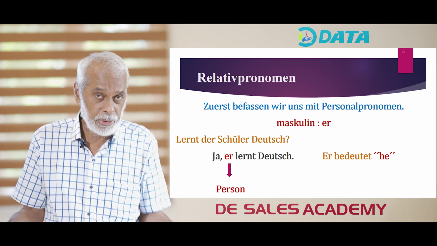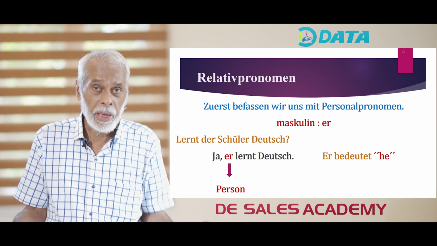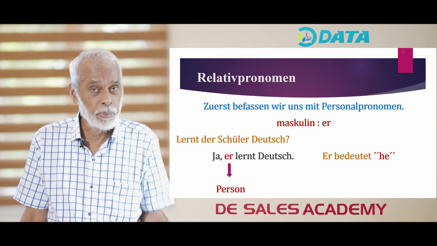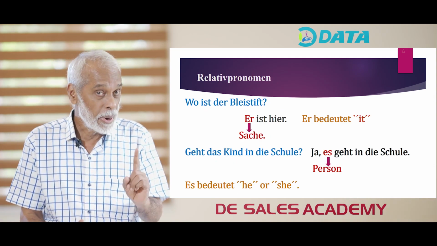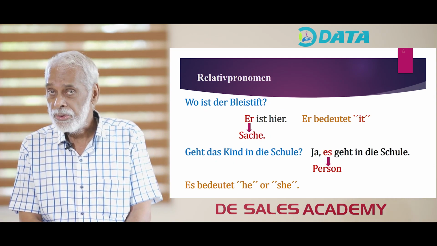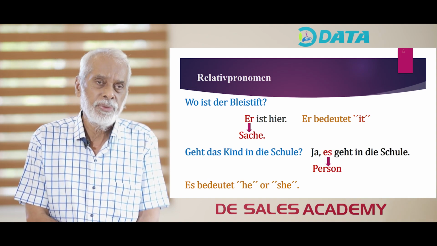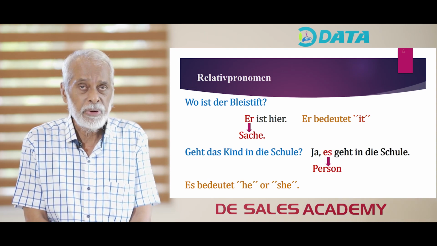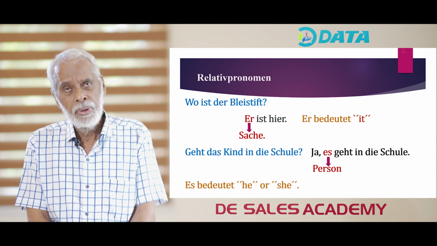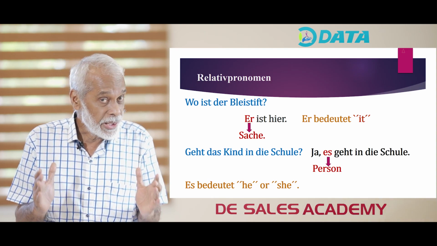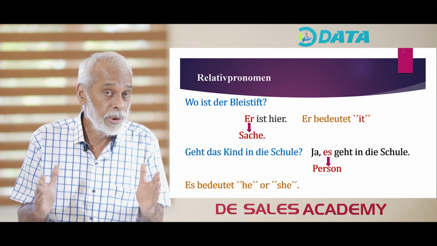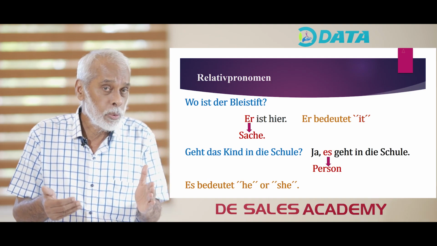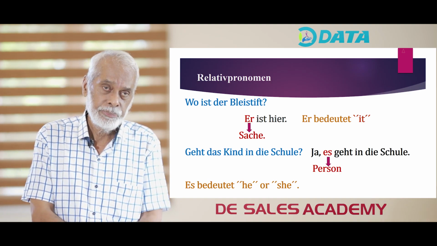Lernt der Schüler Deutsch? Ja, er lernt Deutsch. Yes, he learns German. But look at the sentence. Wo ist der Bleistift? Bleistift is a pencil. Where is the pencil? It is der Bleistift, a masculine noun, and so the pronoun of the masculine noun is also er.